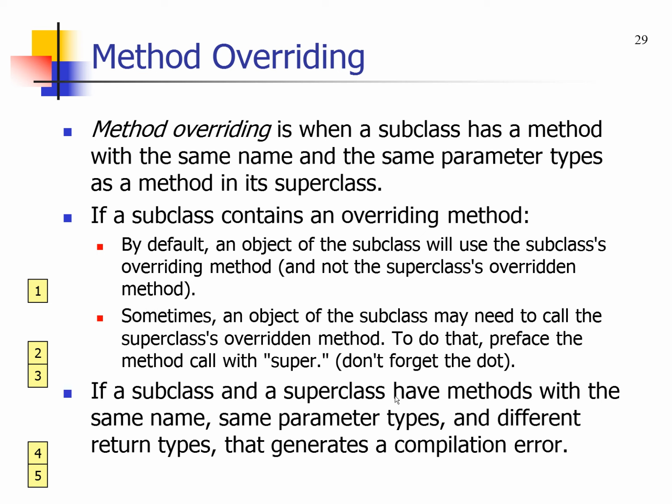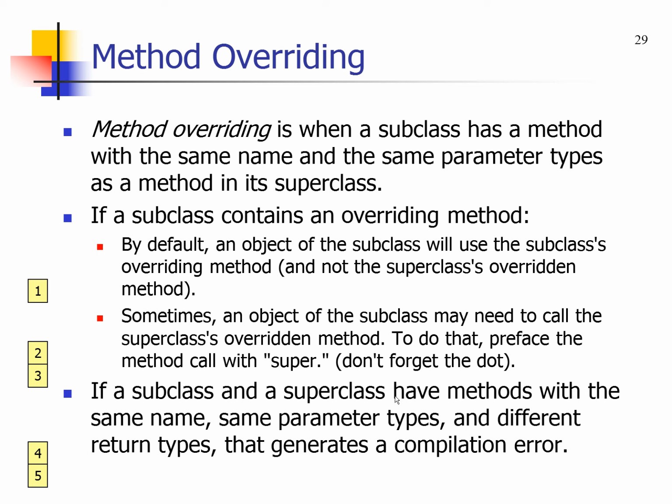If I have a superclass like person, and I have the same method in person and also in employee, the employee would override it. Okay? Alright. It says by default the object of the subclass will use the overriding method, and we're going to see an example of that in a second.